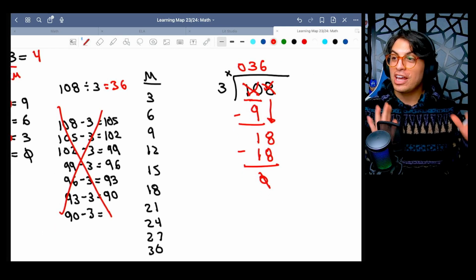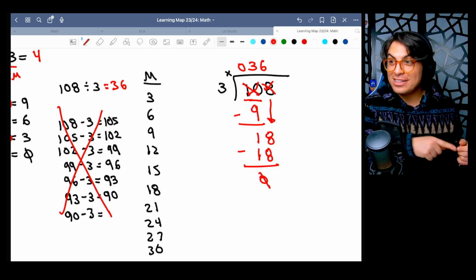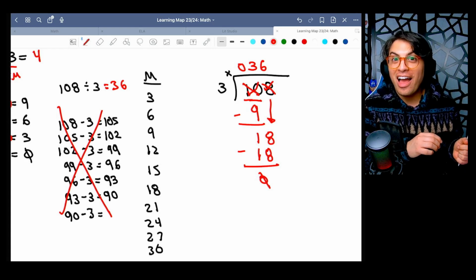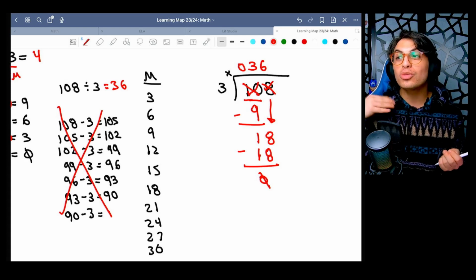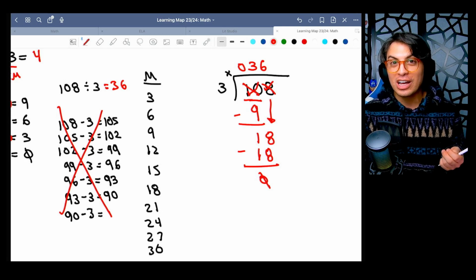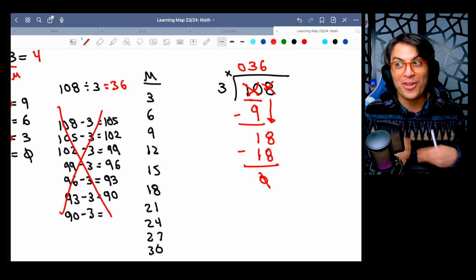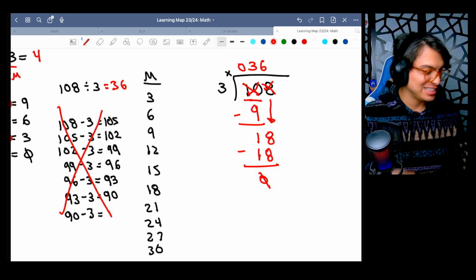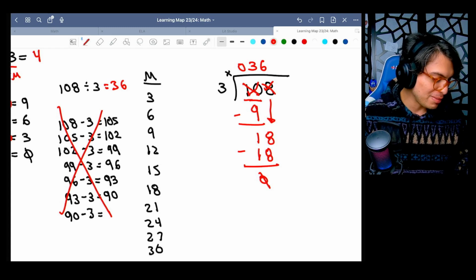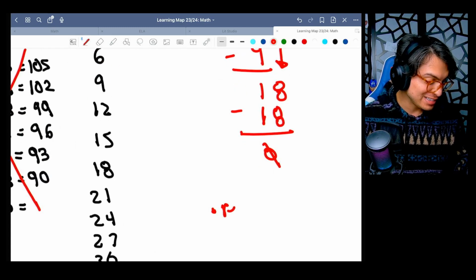But I want to remind you what the main things are. This is division, so it's still repeated subtraction. We want to know how close we can get without going over so we can subtract a big chunk. And we do that over and over again because it's repeated subtraction. So the two things you need to keep in mind is it's repeated subtraction.